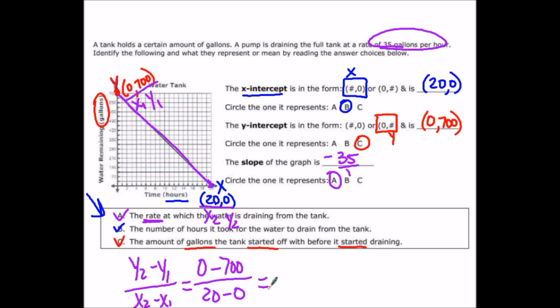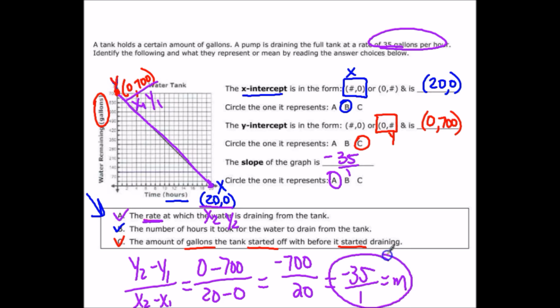I'm just plugging in the numbers. 0 minus 700 is negative 700, and 20 minus 0 is 20. You reduce that down to 35 over 1, which happens to be your rate of change, or your slope. So you can find slope by hand, or you can take the clues from the problem and find your slope. Remember, slope is always rate of change.